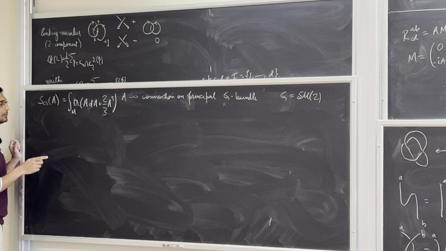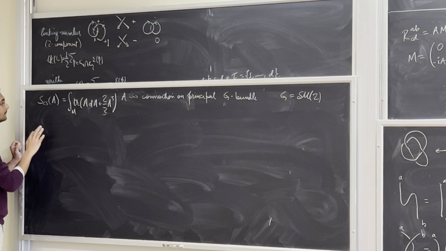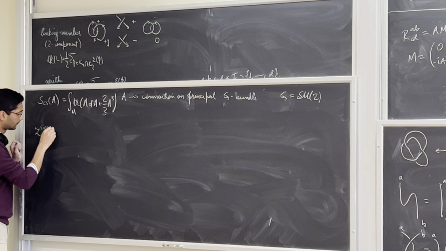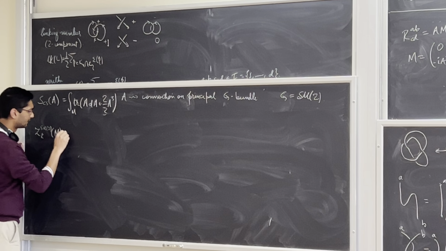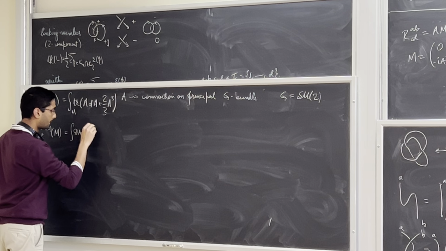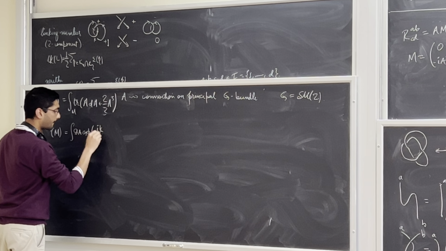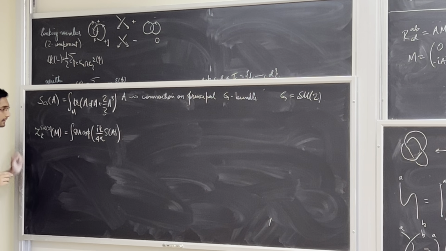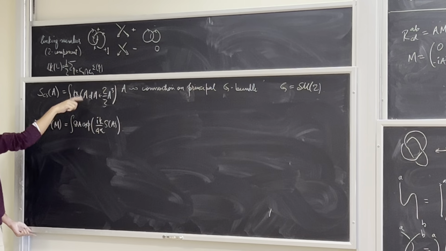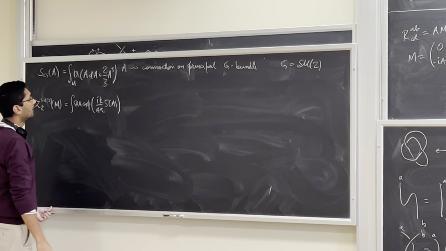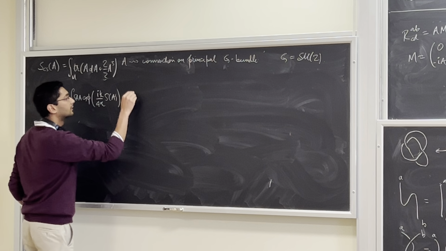And to write down a gauge invariant partition function, I will write it like this. This normalization makes this exponential gauge invariant. K is an integer.